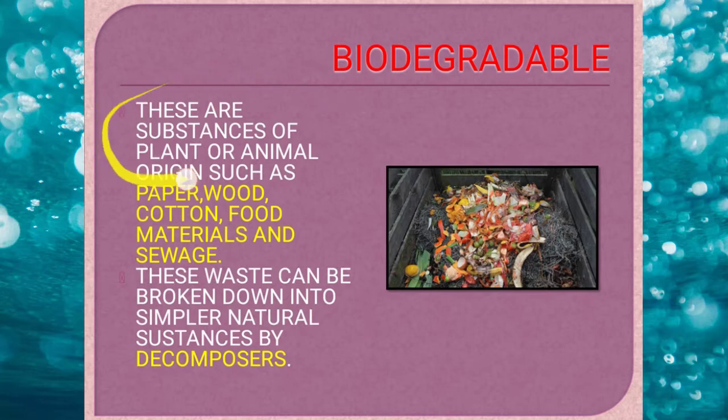Biodegradable substances are substances of plant or animal origin such as paper, wood, cotton, food materials and sewage. These wastes can be broken down into similar natural substances by decomposers.